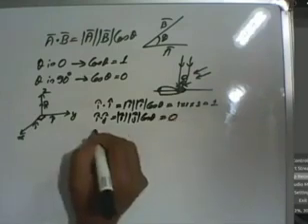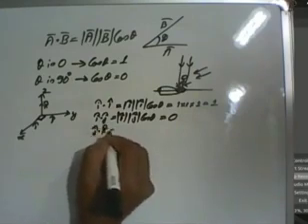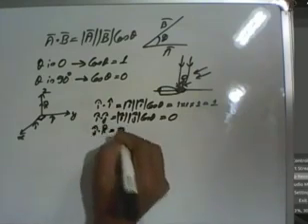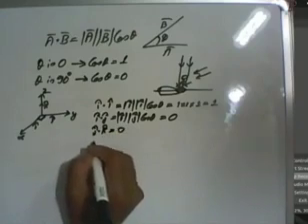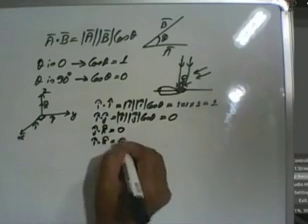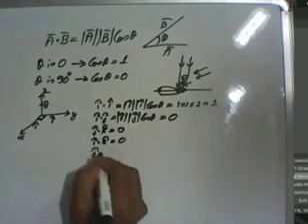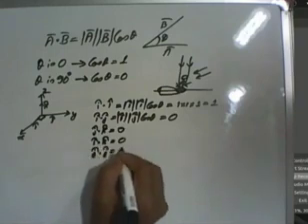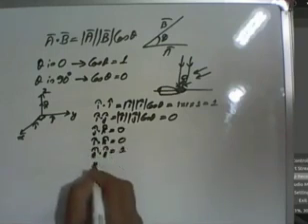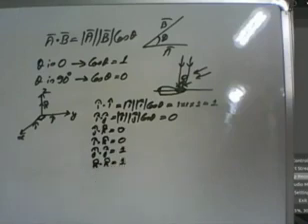Similarly, j dot k is equal to 0, i dot k is equal to 0, and also j dot j will be equal to 1, and k dot k will be equal to 1.